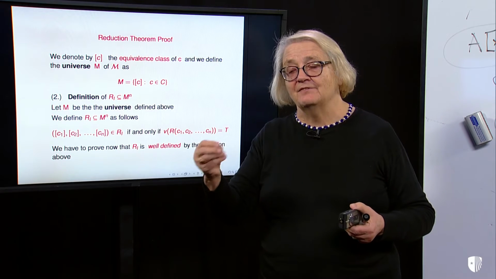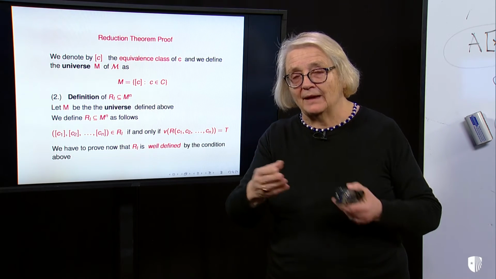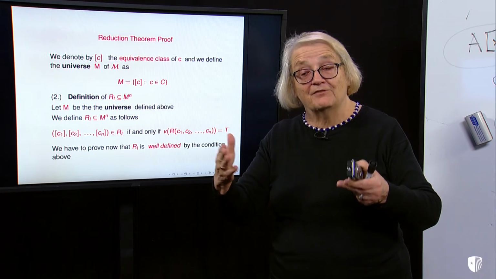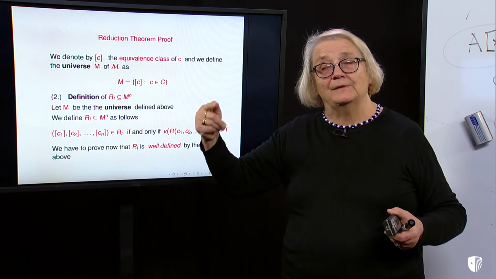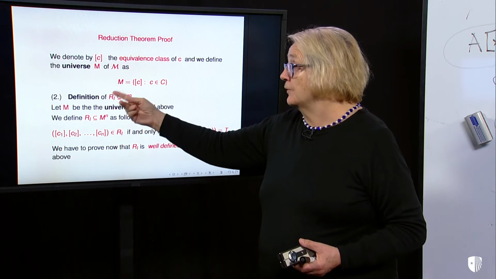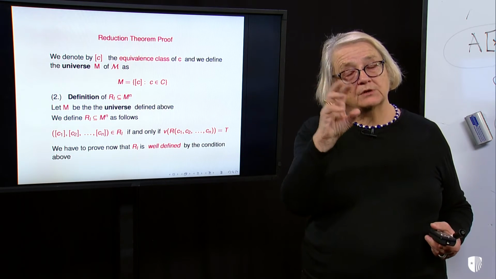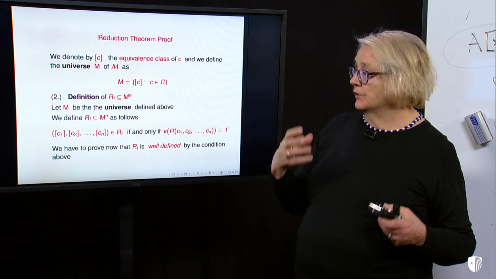If you have an element which exists, maybe more than one, they are equivalent if they are the same, that is, V of c equal d is T, so they are true. And now this is the universe, all those equivalence classes of those new constants.